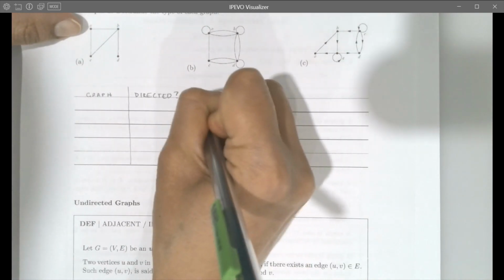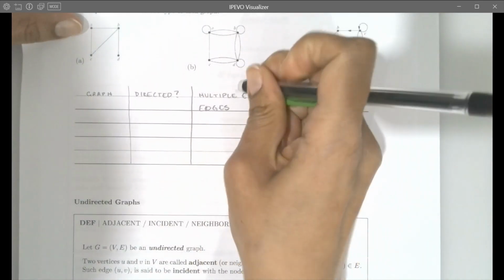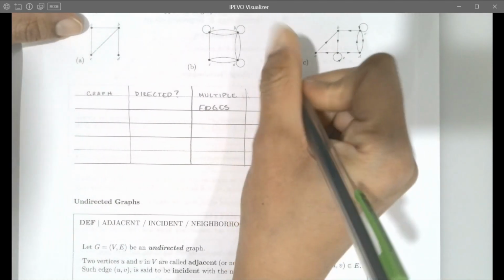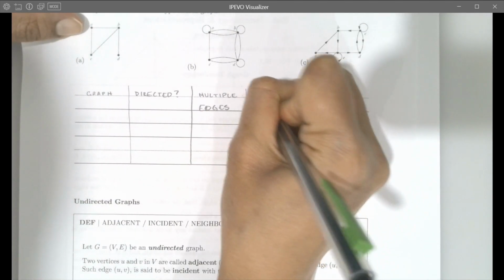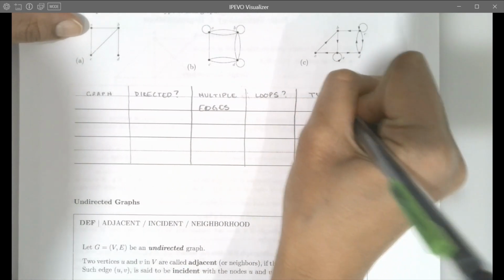The next one will be for whether or not loops are allowed. And the last one will finally list what the type is.